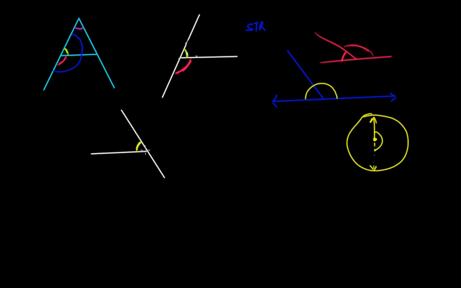Surely if this portion of the line segment had been oriented like this, then this would be a right angle, but the real angle is this, because the line segment is actually oriented in this direction. Therefore this angle is surely smaller than this right angle, and it's an acute angle.